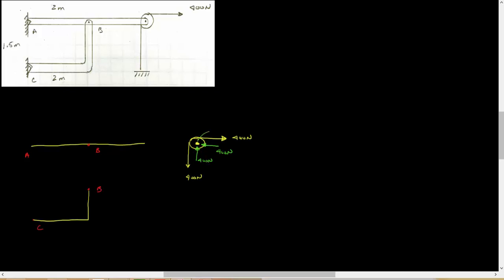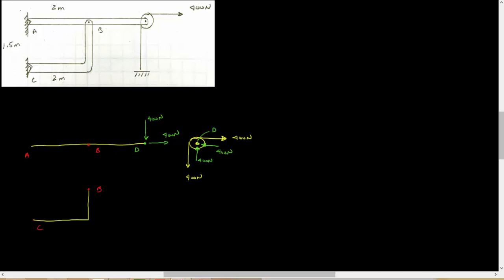So if we called this point D, that point there would also be D. So if I had this going up at 400 newtons, this one going to the left, at that joint I am going to have 400 newtons going out, and I'm going to have 400 newtons going down into that joint, opposite and equal.